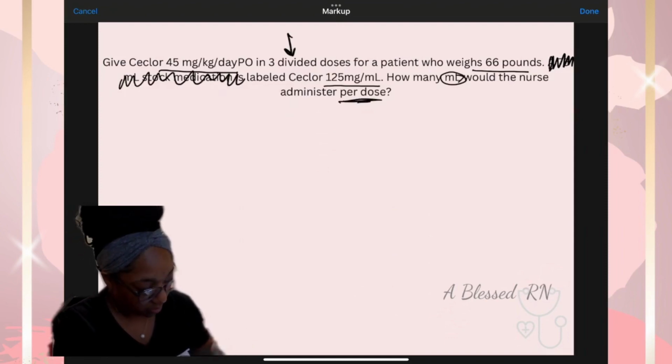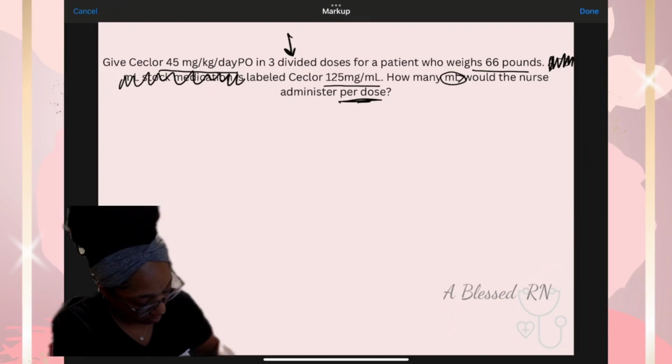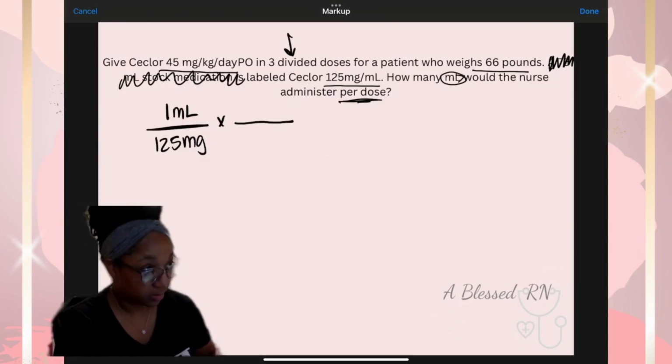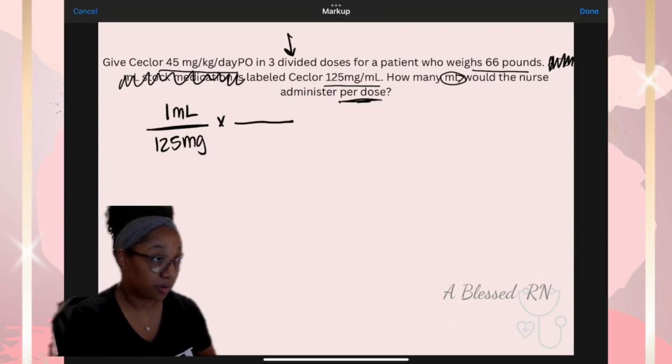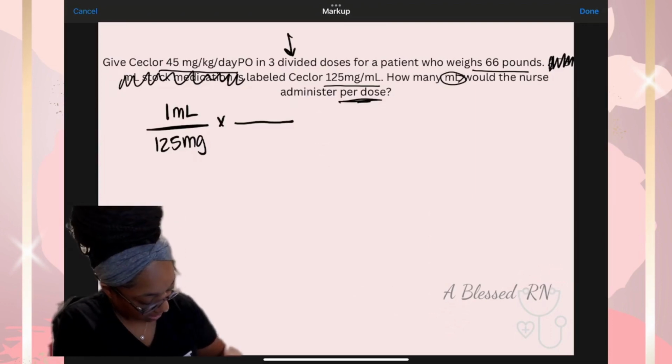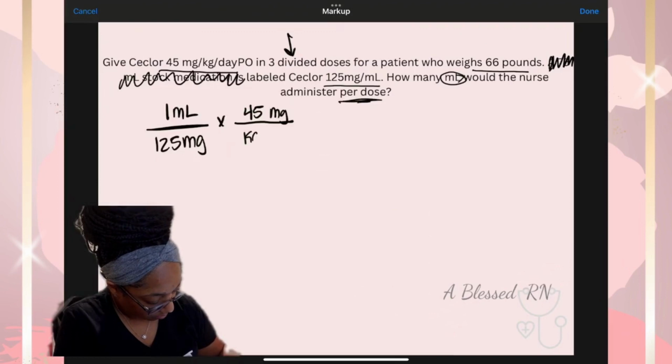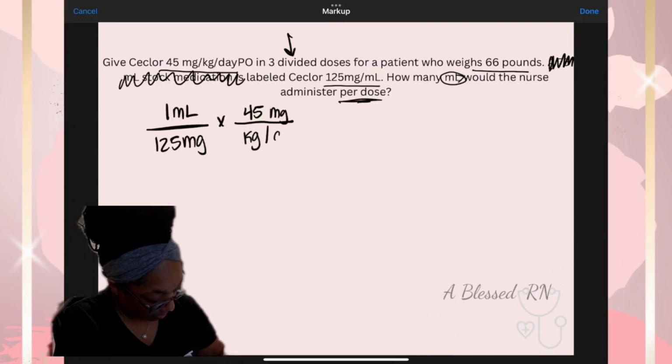So our product, because we're looking for mLs, we got 1 milliliter over 125 milligrams. All right, so let's move on to now our order. So we got 45 milligrams per kilogram per day.